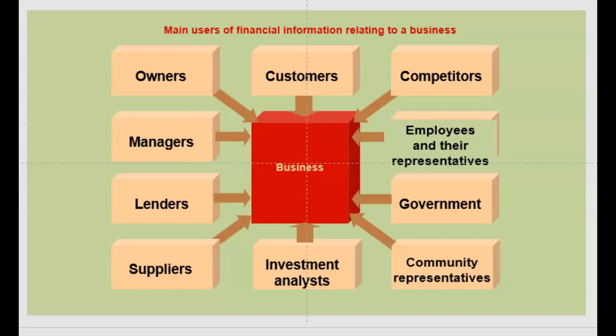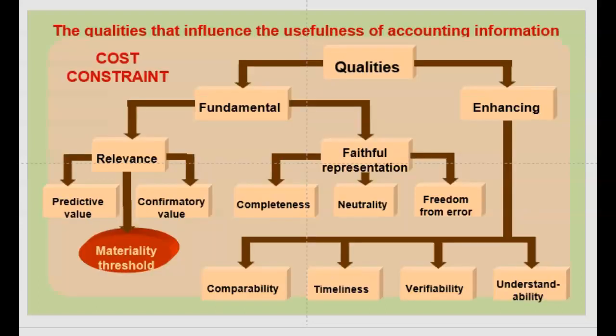Lenders such as banks, suppliers, investment analysts and journalists who report, a whole bunch of people, government and competitors, including consumers as well, will need that information so that they can decide how the organization is performing. It also allows people to decide how well the organization is doing, but also, especially for large companies that have gone to the stock market to collect money from shareholders, they need to be held responsible for that. So that's one of the things.